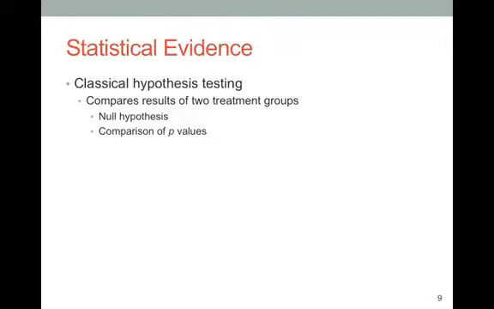Statistical evidence. Classical hypothesis testing compares the results of two treatment groups statistically to obtain a degree of confidence that the treatment caused the effect. Now, we get variations in this. A null hypothesis is used to calculate the probability of random chance causing change, and the value on this is the p-value.